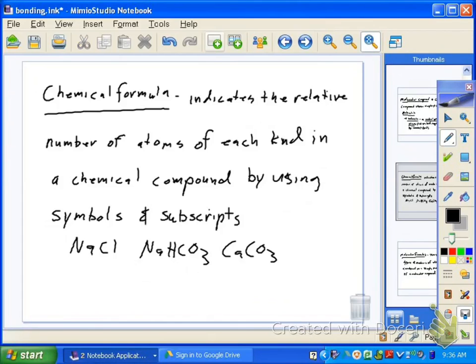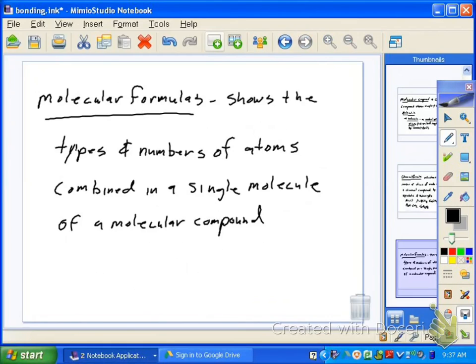But we also have molecular, which is H2O, which is CO2, which is glucose, C6H12O6. So those are all nonmetals hooked together. Okay? That would be considered a molecular formula. Those are molecular formulas.